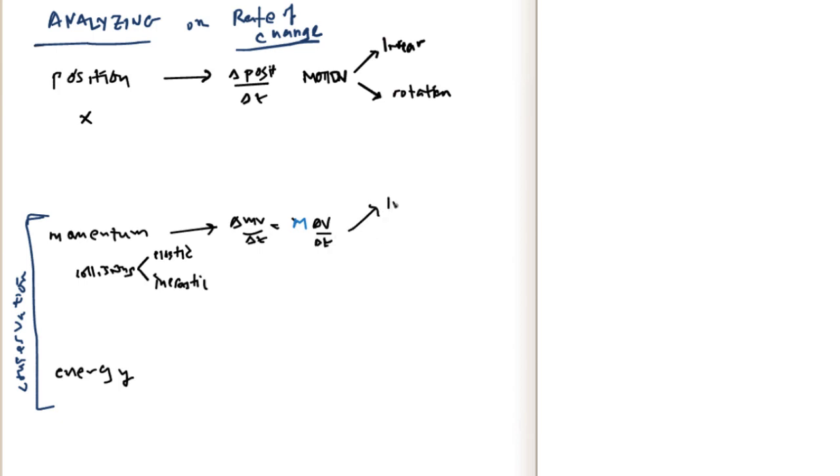Again, two cases. There's linear, F equals ma, and there's rotational, ROT, and that is tau equals I alpha. Again, these are vectors: F, a, alpha, and tau.